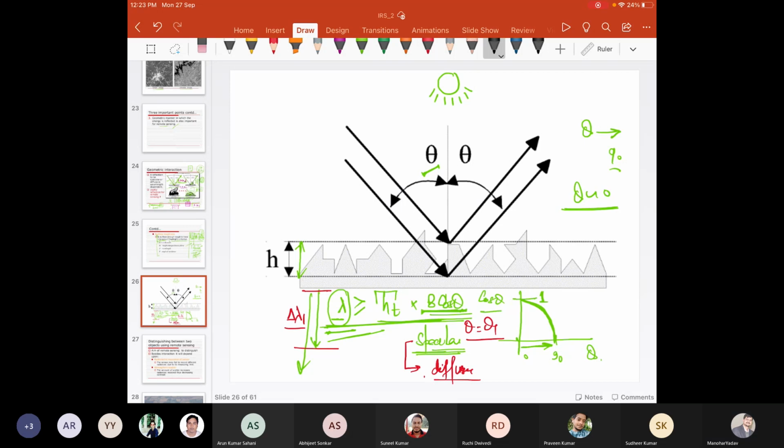Now when you further increase theta, you have a new theta 2, where theta 2 is greater than theta 1. Now you will require this level of change, delta lambda 2. At a shorter wavelength you can obtain diffuse reflection.